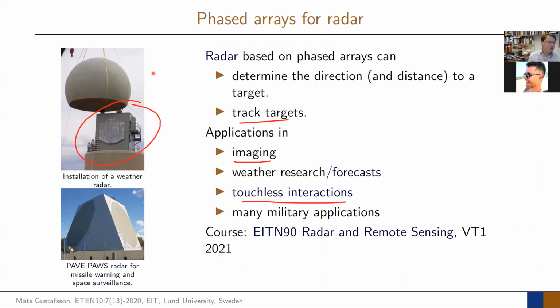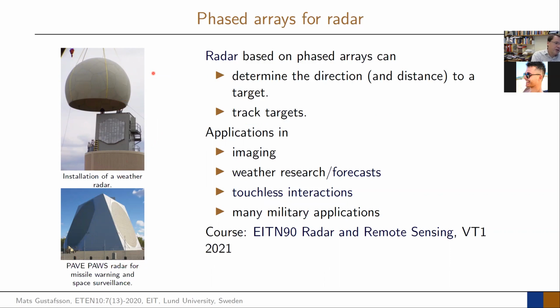Touchless interactions are starting to come, or there are speculations that radars will come inside cellular phones. So you basically don't have to touch your phone. You can still communicate with it. And of course, in military, there are many types of applications. Down here, there is a photo of a missile warning system, and you can see the size of it by looking at the truck that sits there. So there are many different types of applications for this.